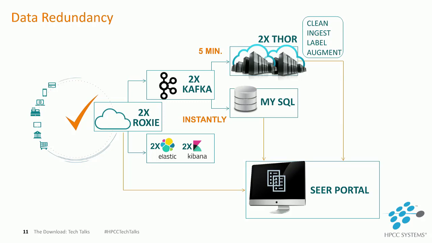So we use an open source library called Datapool, which is available on Git, and we replicate Thor on the back end. All of the data that is processed in Thor gets replicated on the second server on the back end. Elasticsearch, of course, allows you to do replication out of the box. Kafka allows you to do replication out of the box, and so on and so forth.